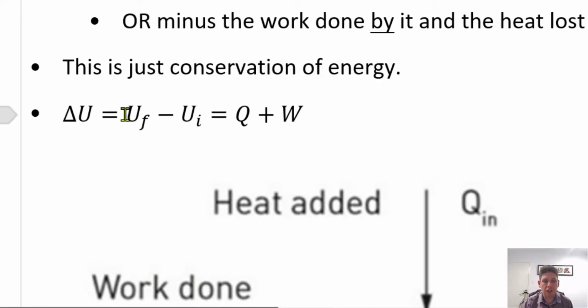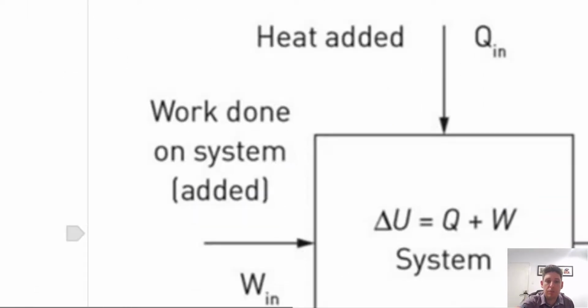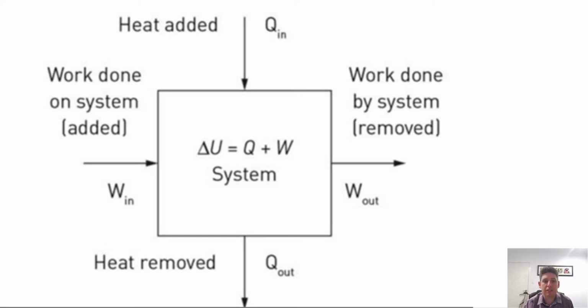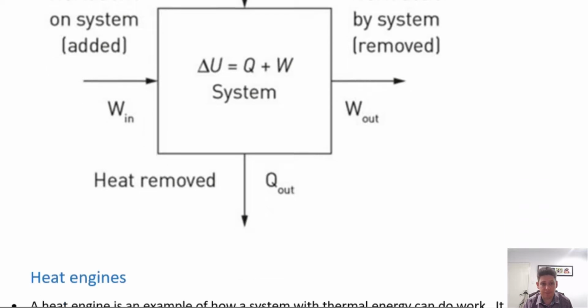So U, internal energy, subscript F for final, minus U, internal energy, subscript I. So it's purely just the change in internal energy, and it's equal to Q, heat, plus W, work. And we can also put it in a diagram like this. So you've got work going in, work going out, heat going in, heat going out. And this is the change in internal energy of the system.